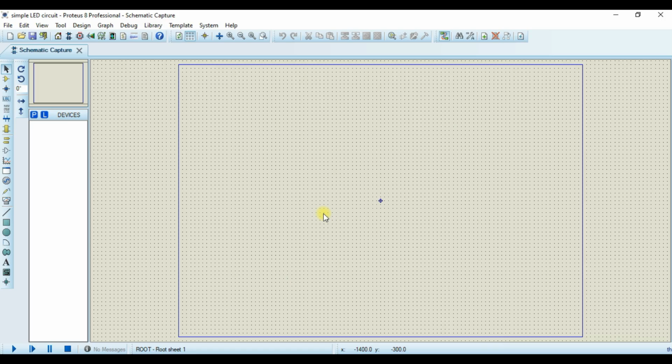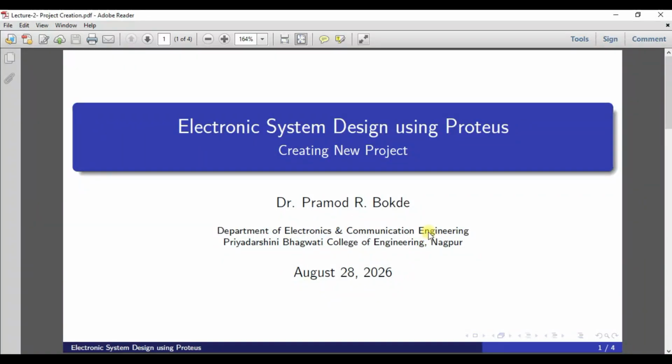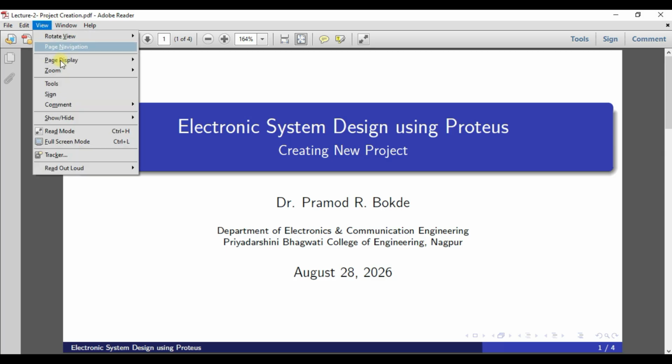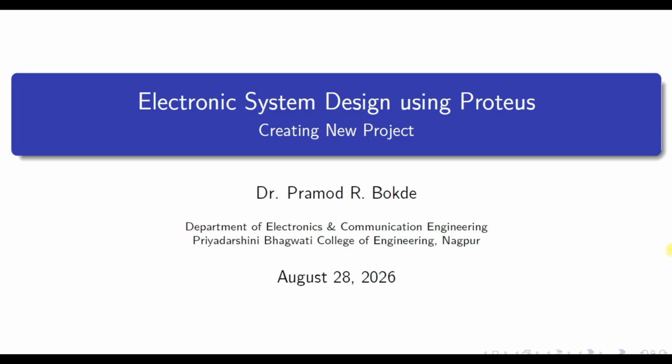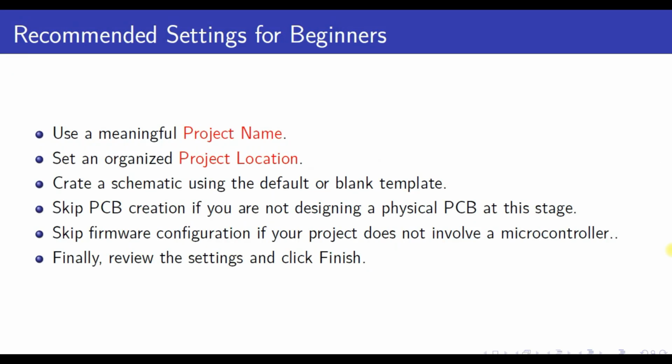Now, I recommend some settings for beginners. So, come to the presentation, and here you will see that if you are learning Proteus for the first time, you do not need to enable every available option. For a basic electronic circuit simulation project, a simple configuration is usually sufficient.